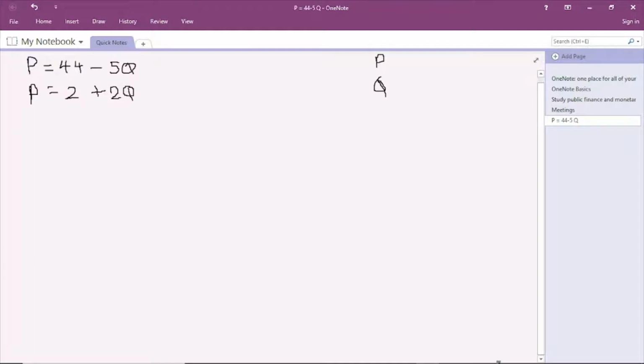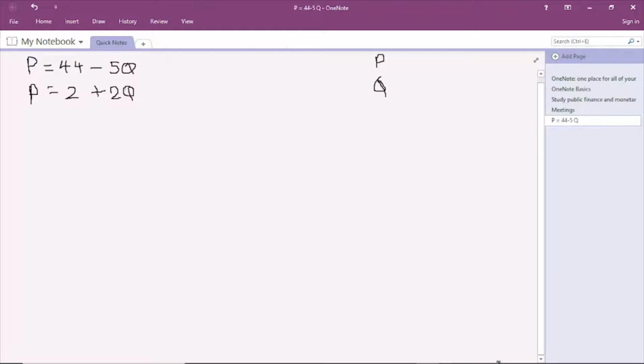Meaning that the price in the demand equation and the price in the supply equation should be equal, and also the quantity in the demand equation and the quantity in the supply equation should be equal, because this is a price at which consumers are willing to buy, and it's the same price at which producers are willing to sell a good.